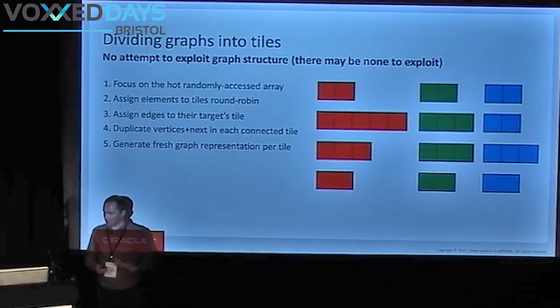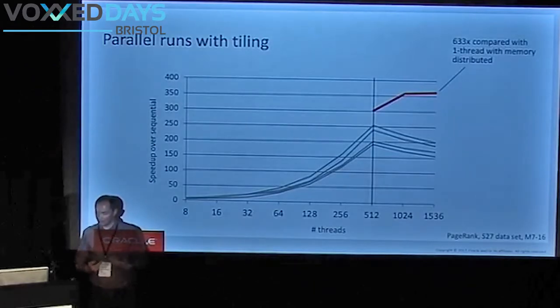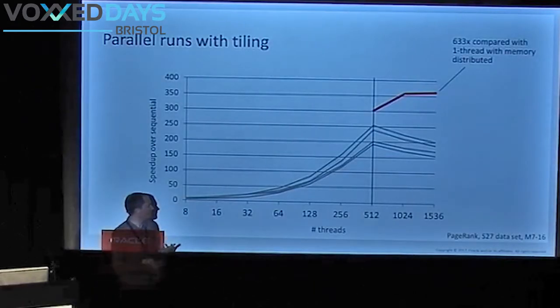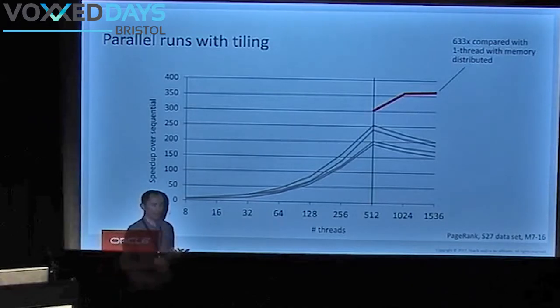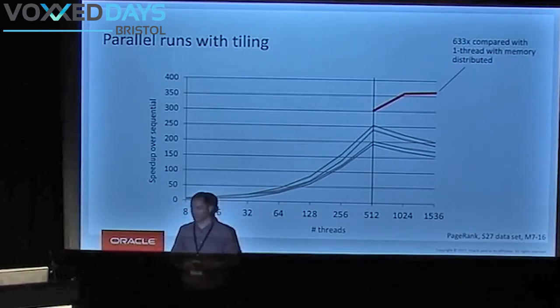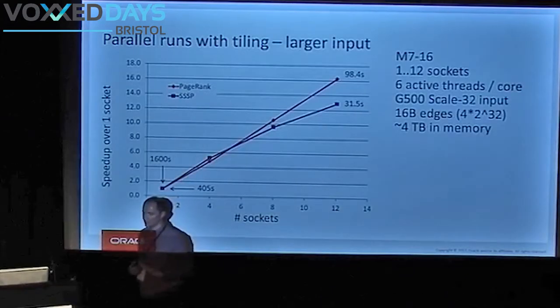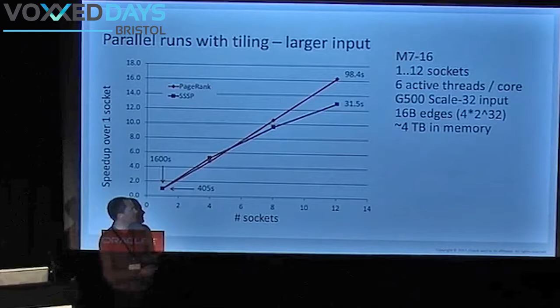So we go through a few steps of building up these separate tiles, and then when we've applied this technique, we get much better performance both at one thread per socket per core, and finally we also get some scaling as we go beyond that and start using the extra hardware threads that the multi-threaded cores are giving us. And we then went back to a full machine looking at the M7-16.